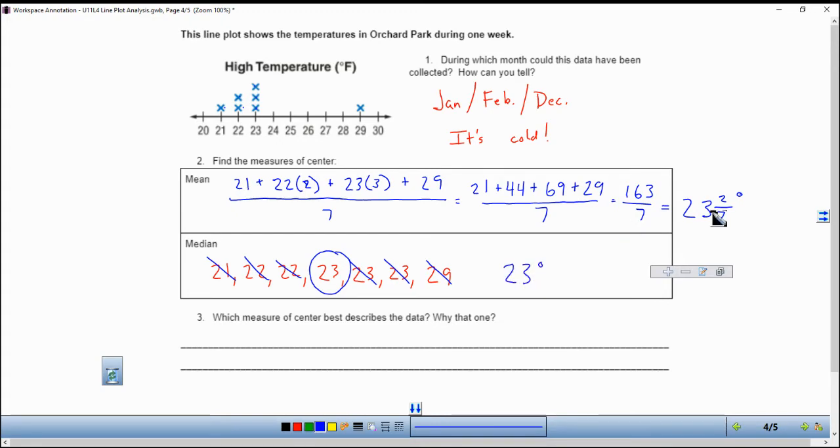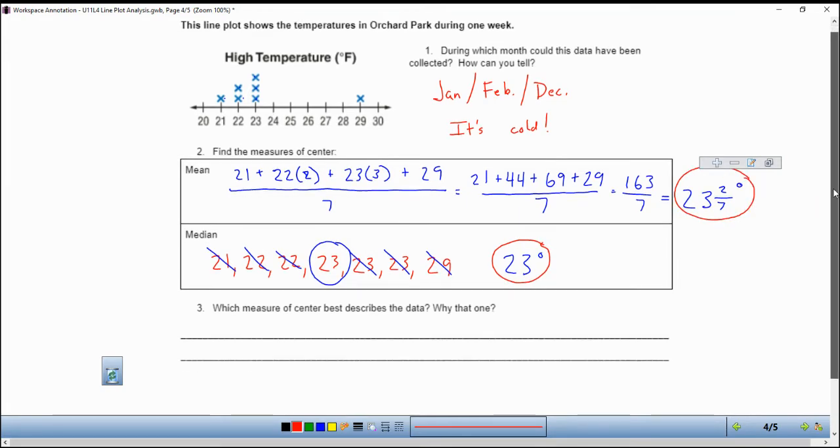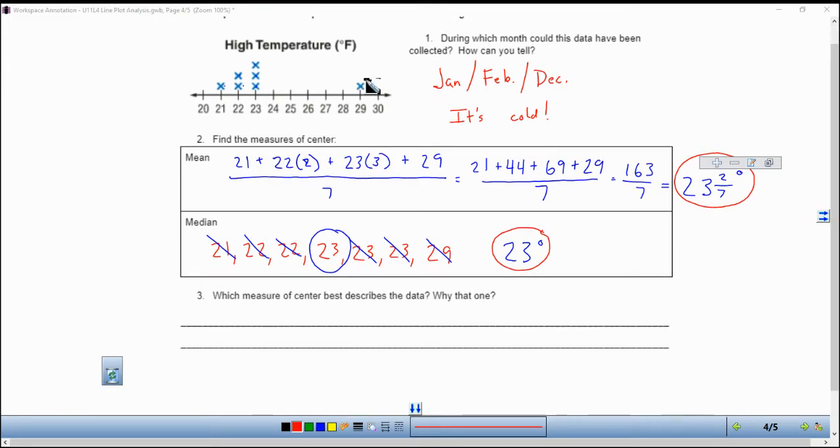Now the question is, they're pretty close, the mean and the median. These two numbers are really close. They're off by only 2/7. So which one would be better to use? In this case, we have 29 here. It's like an outlier. It's not necessarily extreme, but it's really far away from the other data points.